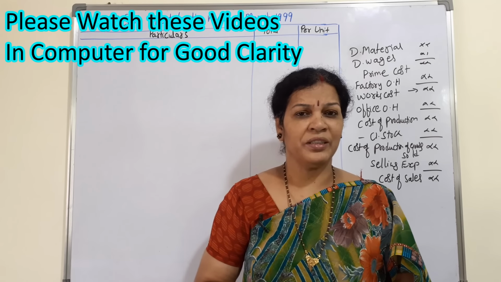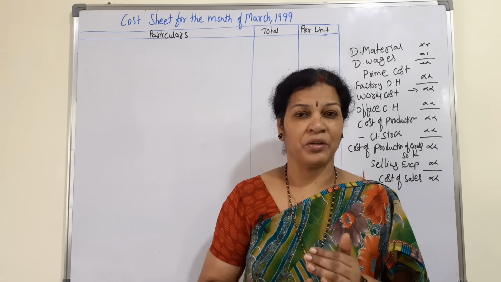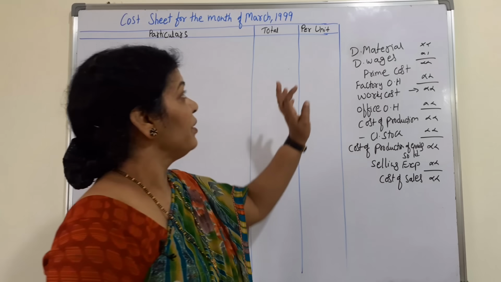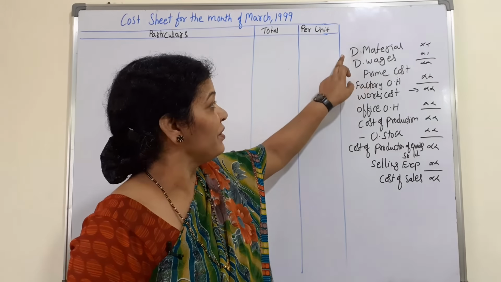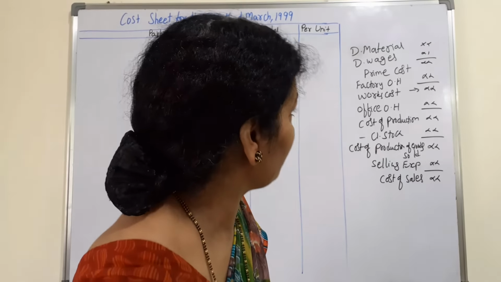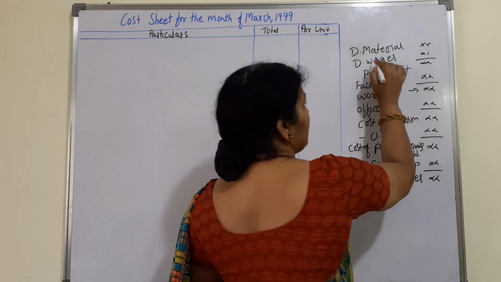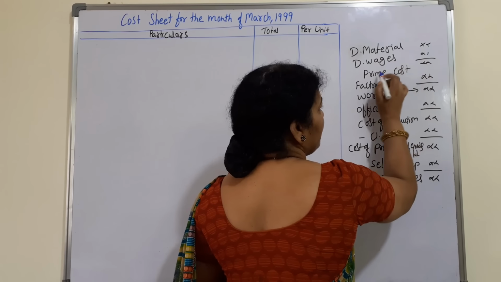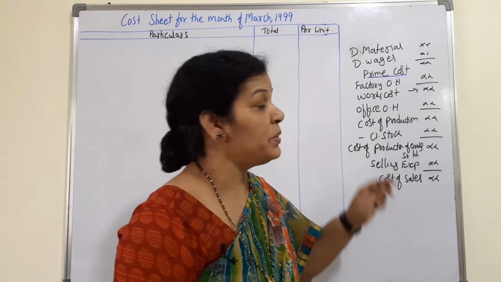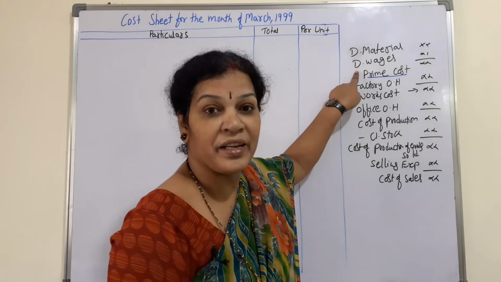So you know that in the previous class I taught you what a cost sheet is, the pro forma. Let me give you a recap of the pro forma. Remember that direct material and direct wages, these two are important. Together they give the prime cost. Prime cost means nothing but direct material and direct wages together.